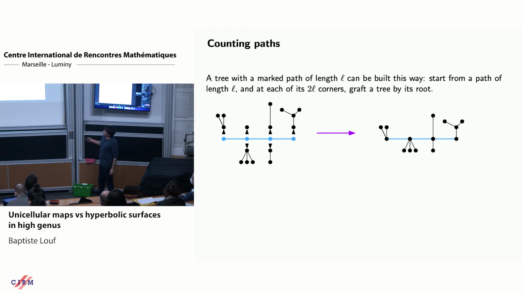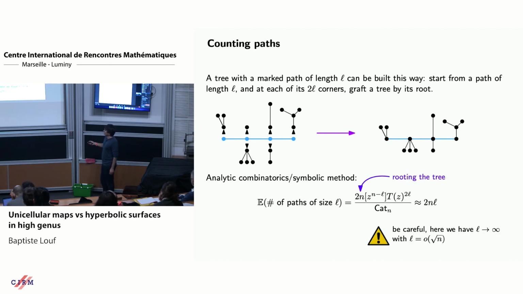How do you build a tree with a marked path on it? Well, you just take your path, take as many trees as needed, and you graft your trees at each of its corners by their root. As simple as this. So if the path has length L, you need 2L trees.